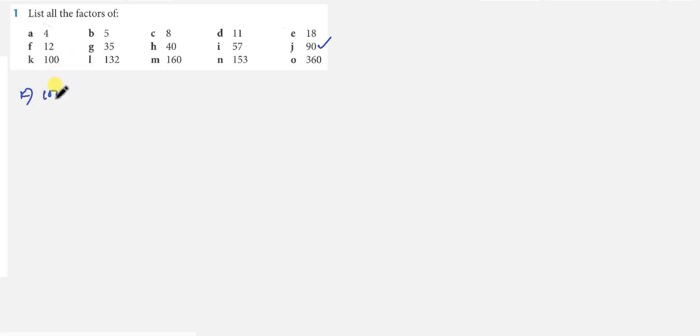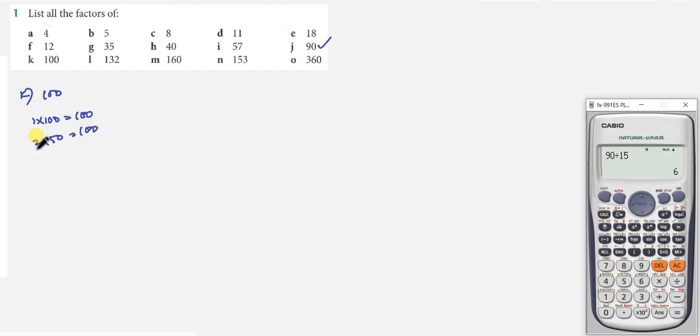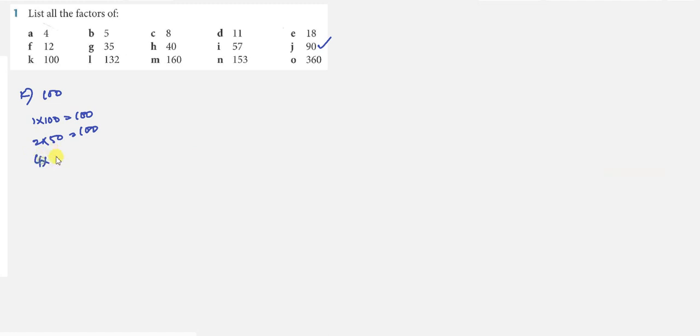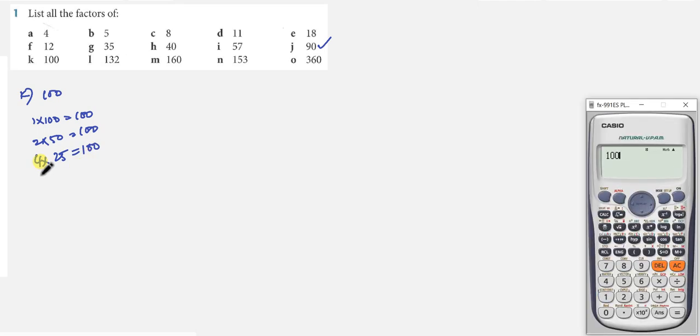K is 100. So 1 times 100 is equal to 100. 2 times 50 is equal to 100. 100 by 3, cannot. 100 by 4, yes, we can divide 100 by 4. So 4 times 25 is equal to 100, and then 100 divided by 5.